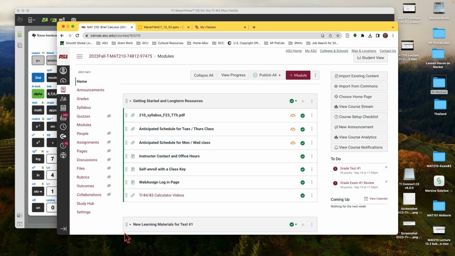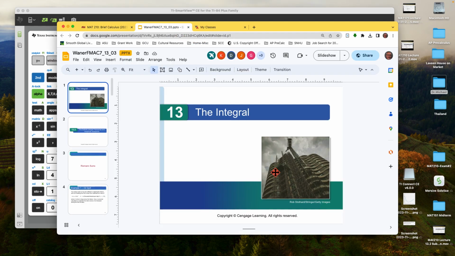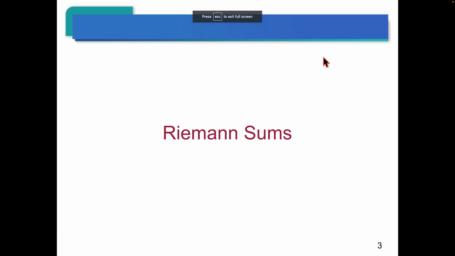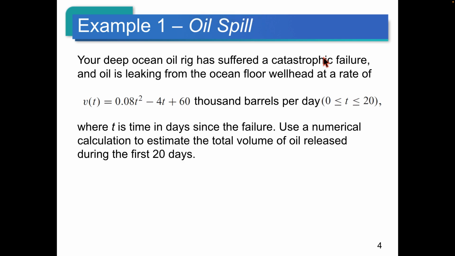Okay, so let's jump in here. So this is Riemann sums. So they give us a graph they're going to have us work with. We always start with a function, and sorry.